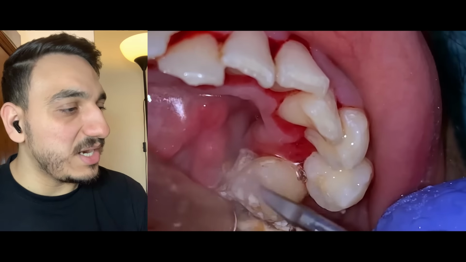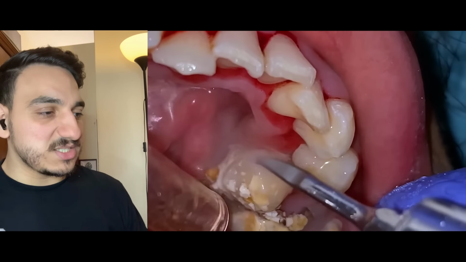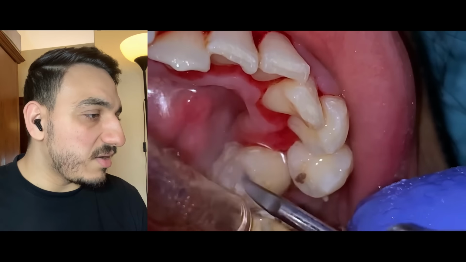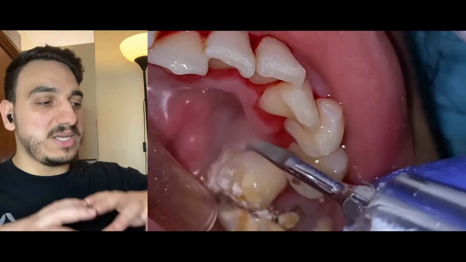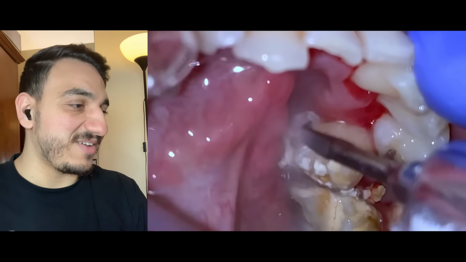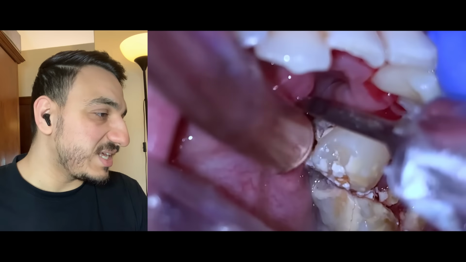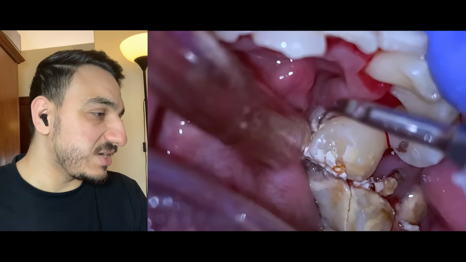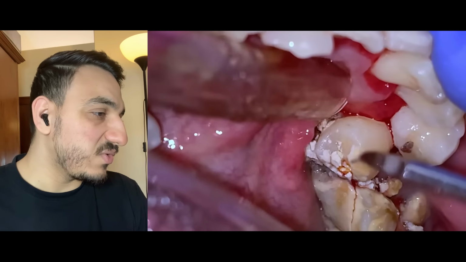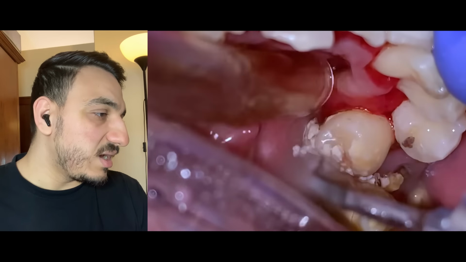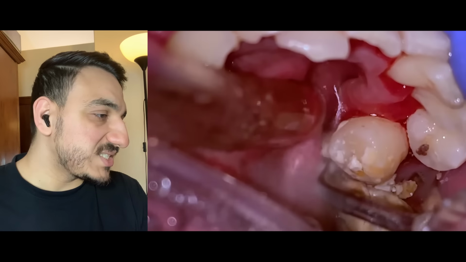And the operator here is cleaning off the dental calculus and dental tartar around that tooth that was almost completely covered up, trying to remove the rest safely.